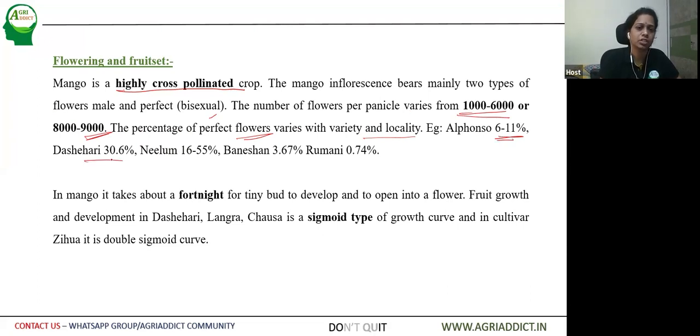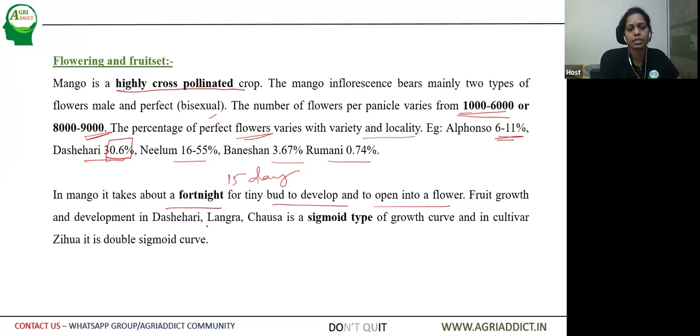Likewise, Sheri, which is at the top, has 30% bisexual flowers, Neelam 16 to 55%, then Bangalora 3.67 and Romani 0.74%. Mango takes about 15 days, a fortnight, for a tiny bud to develop and open as a flower for pollination. Pollination is by the common housefly.